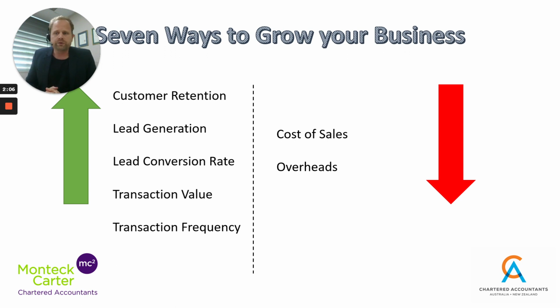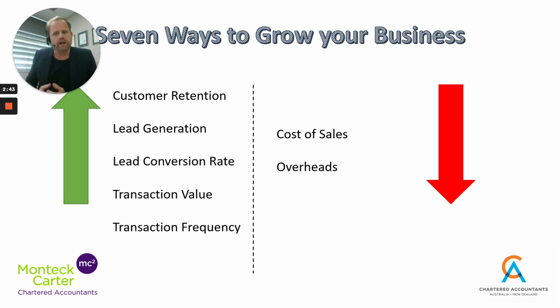If we're not able to increase the number of customers that we retain, if we can increase the number of leads that we're generating, as long as we're retaining the same lead conversion rate, we're obviously going to increase our sales. If we can't increase our lead generation, but we maintain the same lead generation and actually convert more of those leads, so we find ways to effectively convert our leads more regularly, that is also going to increase our sales value.